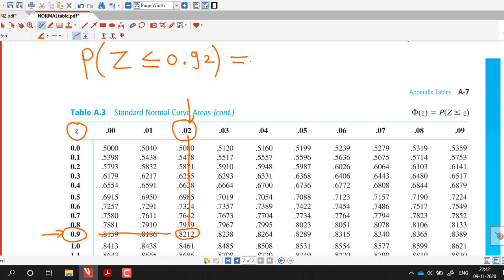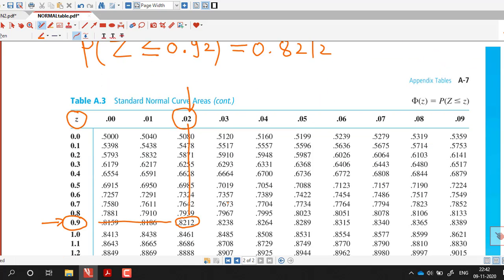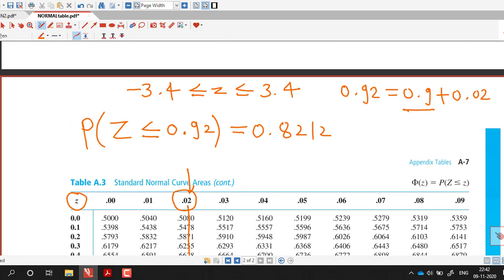So the area to the left of 0.92 is 0.8212, or we can say that probability that Z is less than or equal to 0.92 is 0.8212.